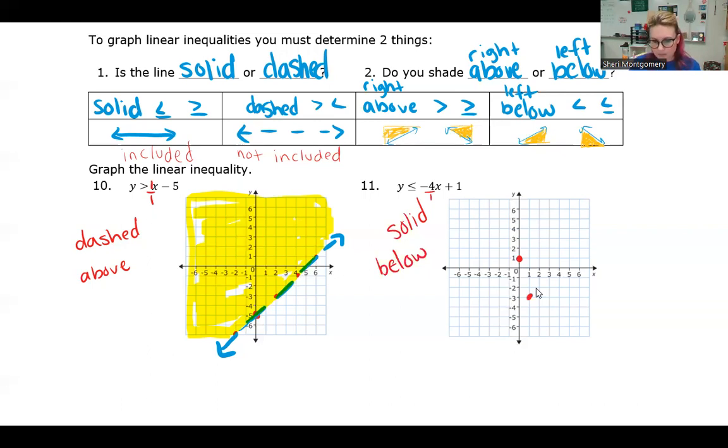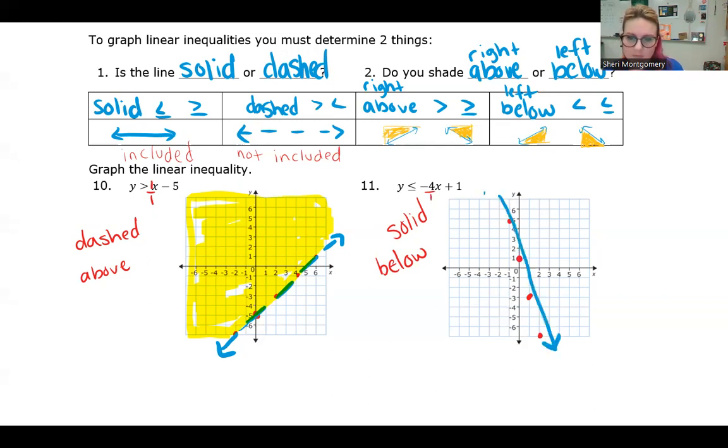I can do the same thing till I run out of graph. Now I'm going to connect the dots. Since this is a solid line, I just connect it. It's going to be a solid regular line.